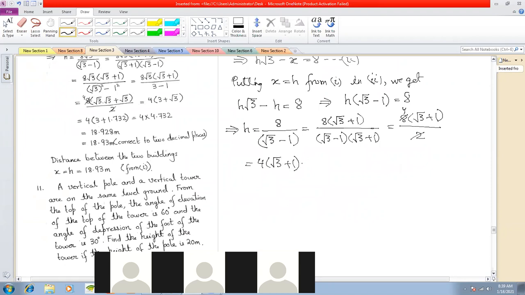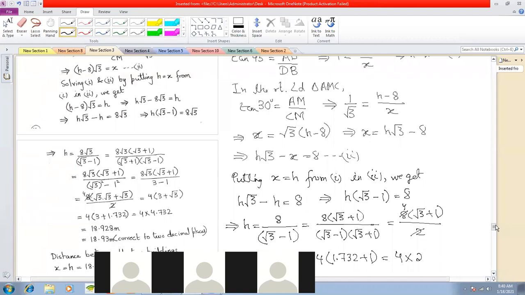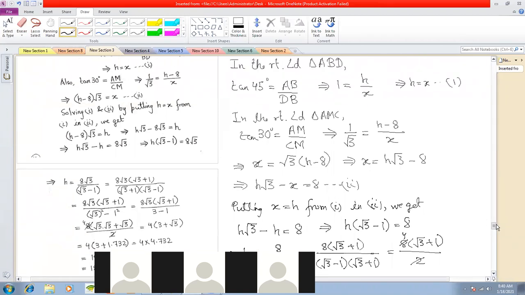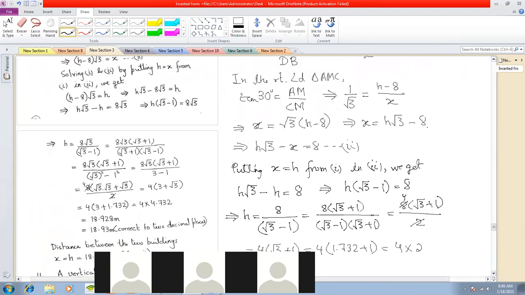Now you put the value of root 3, 4 times 1.732 plus 1. Wait, this should be 8 root 3, obviously, because we are multiplying everything by root 3 and there's a bracket here.